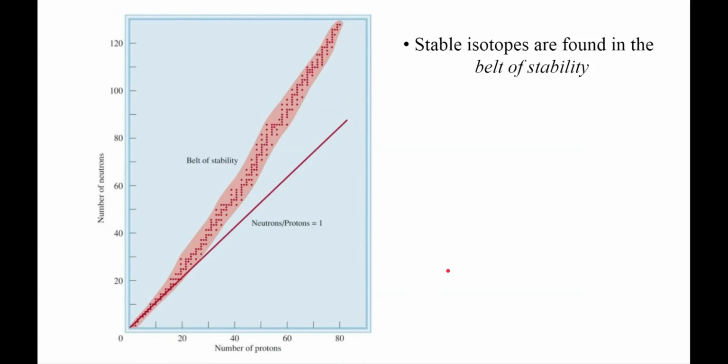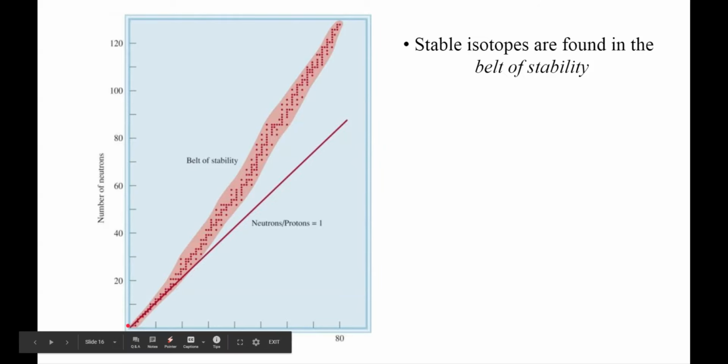Now, speaking of stable, here is the belt of stability. It is showing all of the known elemental isotopes that are not radioactive. So it's plotting all of these protons with neutrons to find the non-radioactive elements.